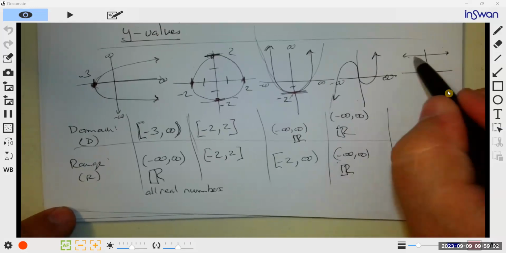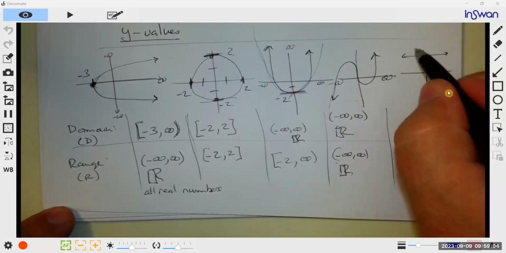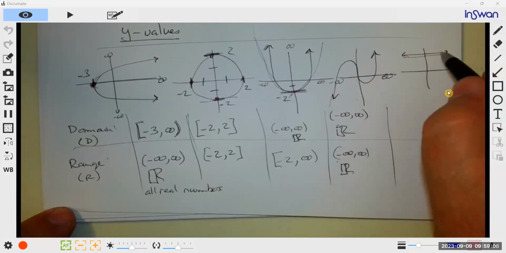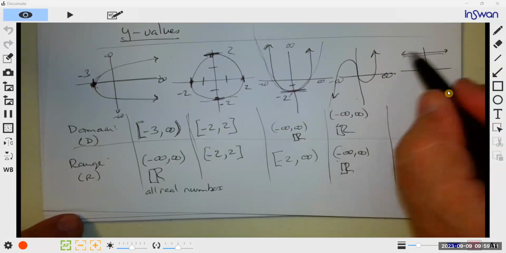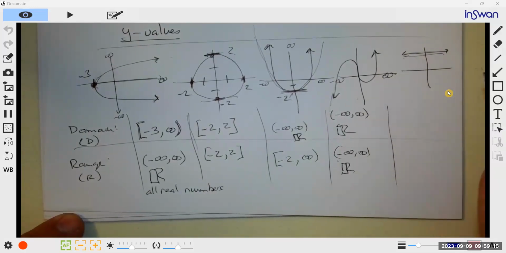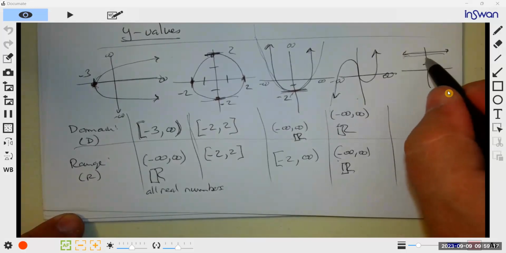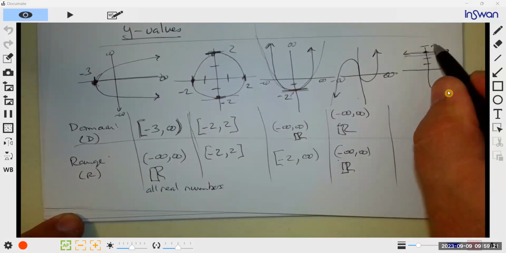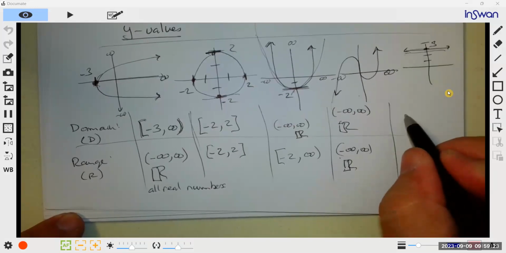It's a horizontal line. This is a graph of a constant number. We'll talk about this in a little bit. The slope of this one is 0, and it's a horizontal line. So what's my domain? It crosses at 3.